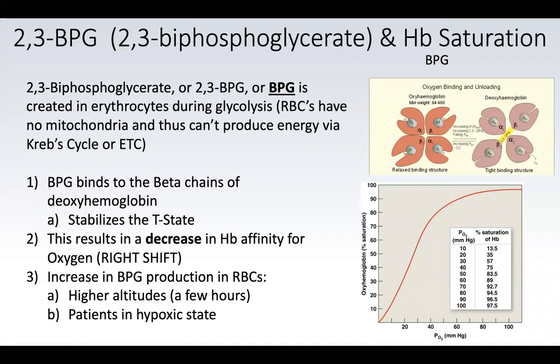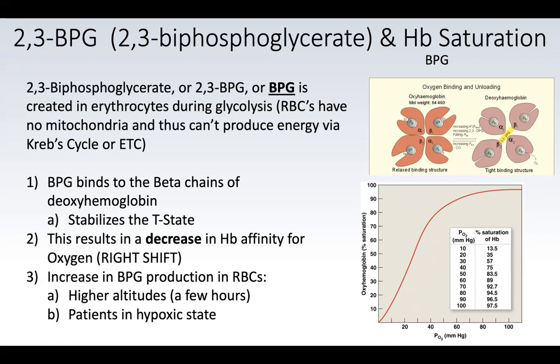Now, the T state is called the tight binding structure because if you look at the openings in each of the globin chains that would otherwise allow for oxygen to sit and bind to the heme group, there's not much space there anymore. There was lots of space in the oxyhemoglobin, but not a lot of space, actually no space really, for oxygen to bind.